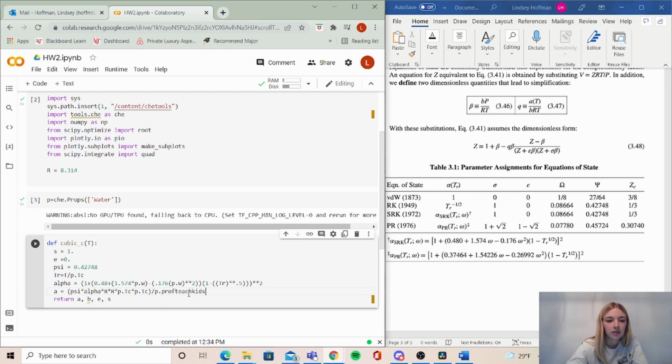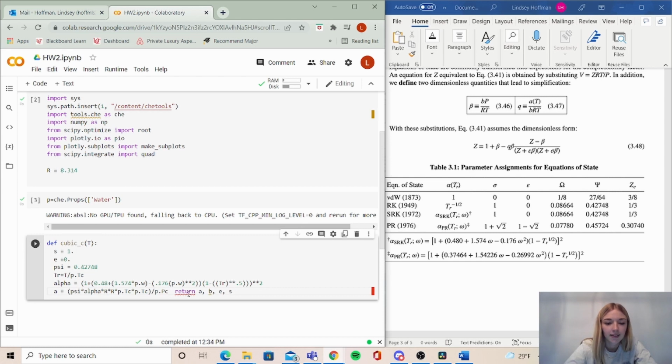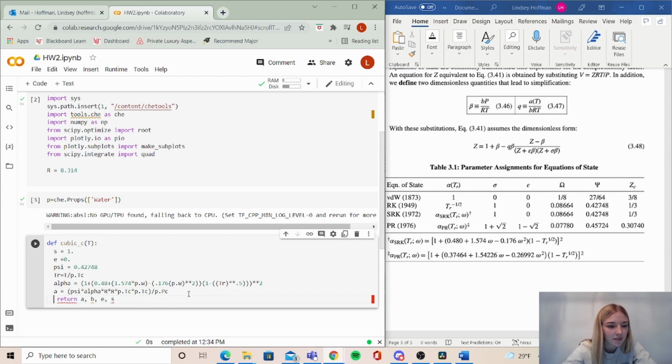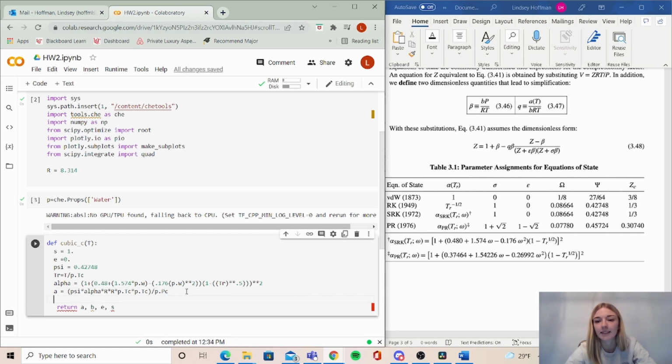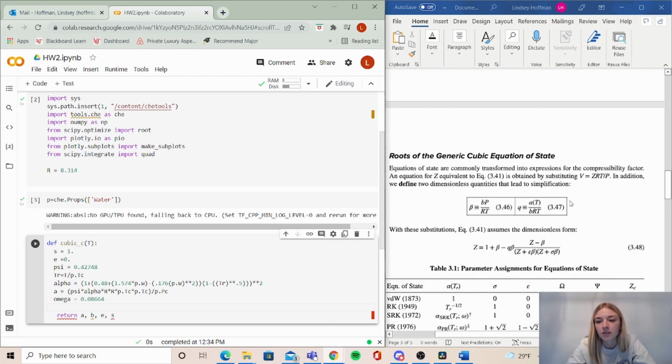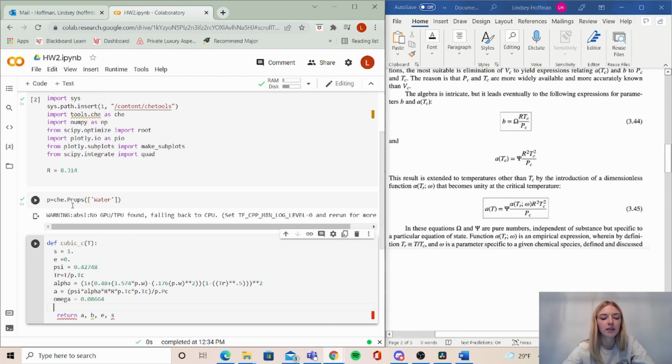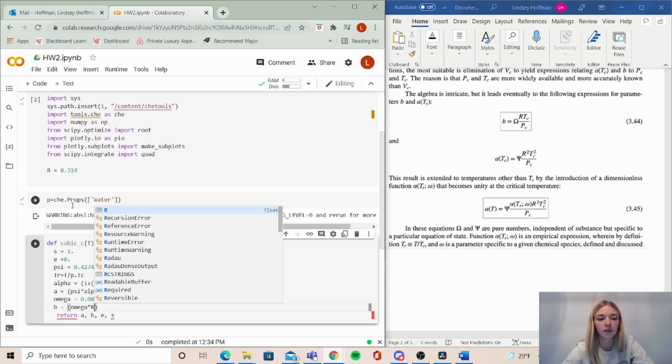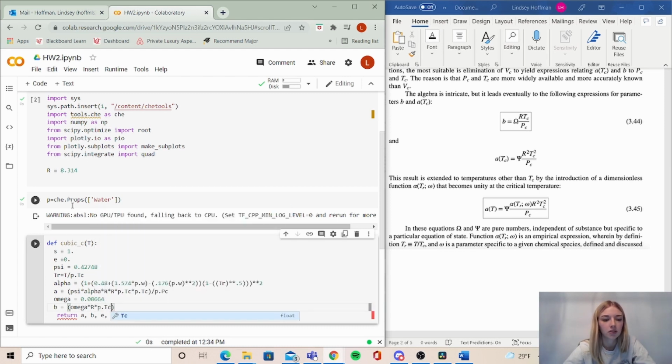So we can define omega 0.08664, and then we can go ahead and write out the equation for B also, which is just going to be omega times our R value times our critical temperature divided by our critical pressure.